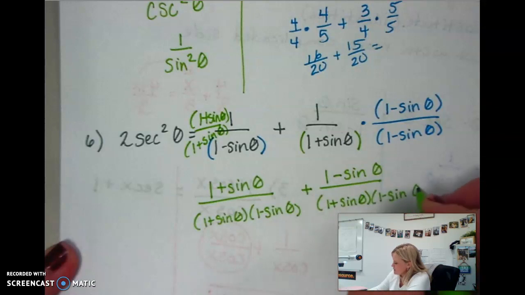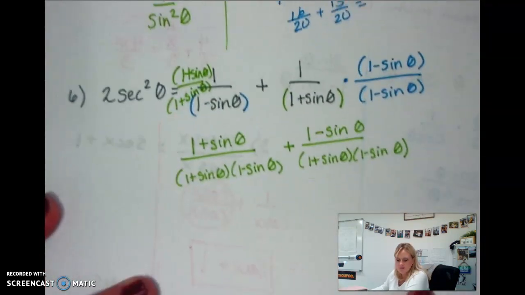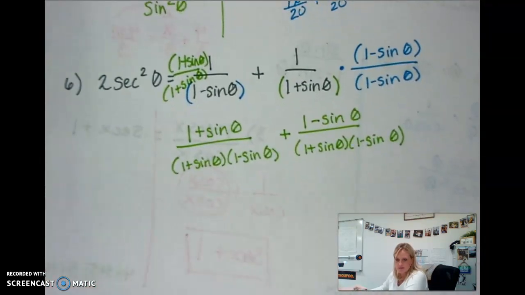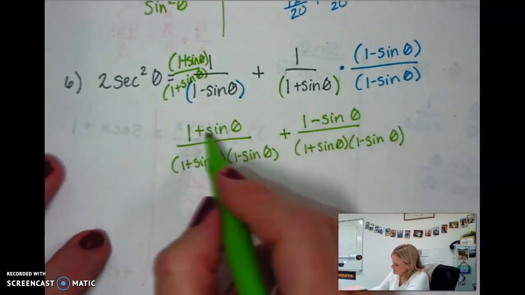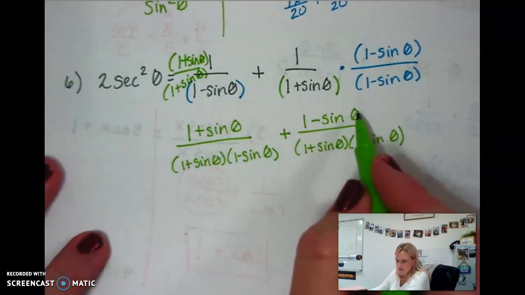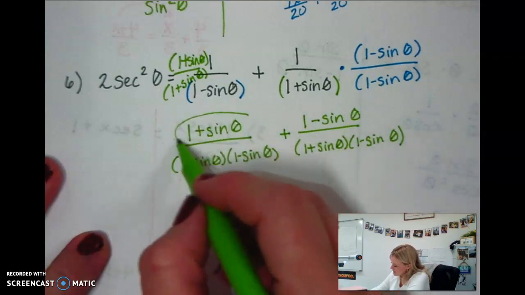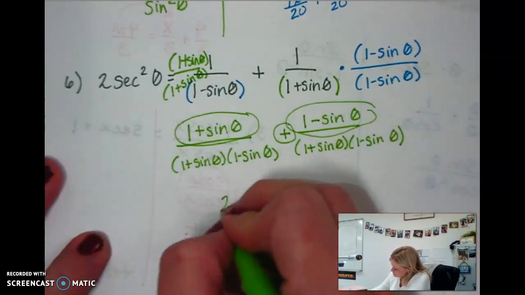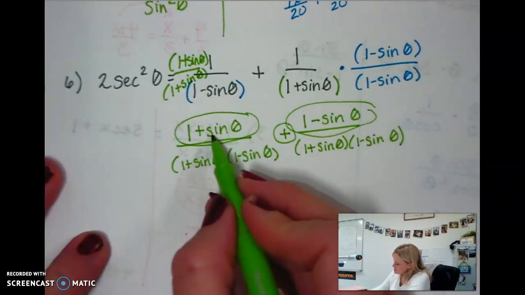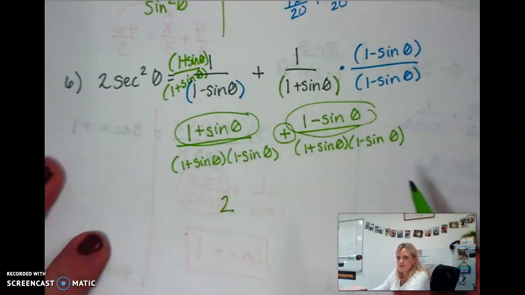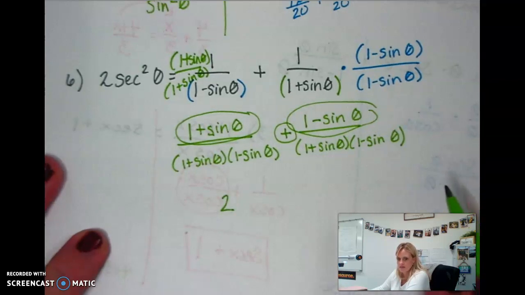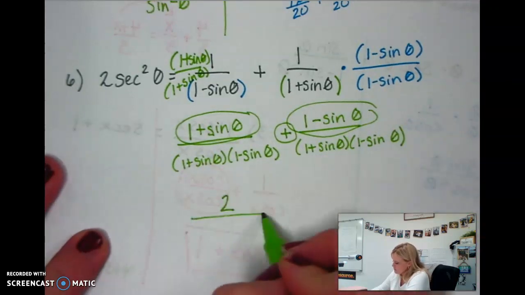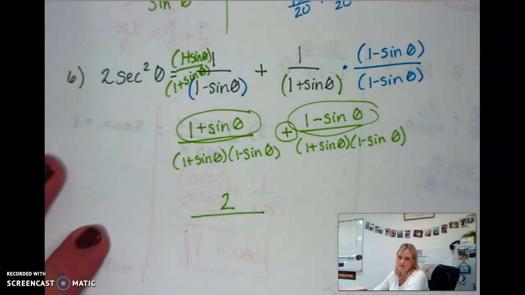So now I have a common denominator. Now that I have a common denominator, okay, I can add my fractions together, my numerators. So when I add 1 plus 1, I get 2. Positive sine of theta minus sine of theta, that's it. So now all of that on my numerators just cancel.